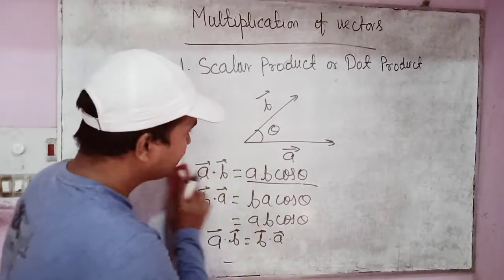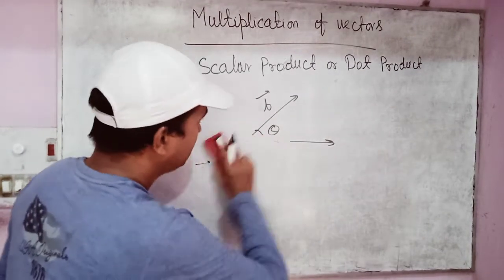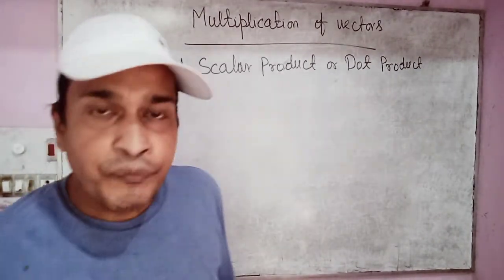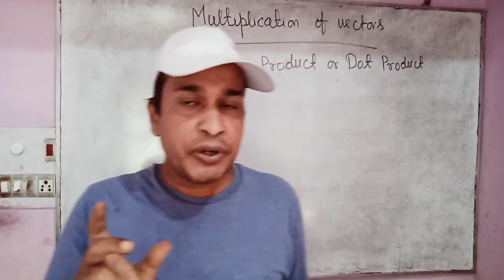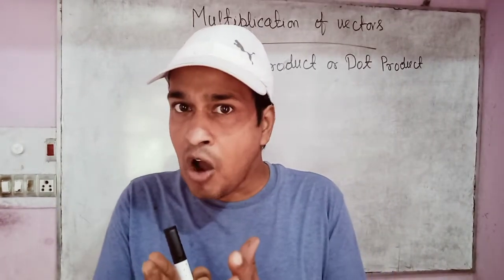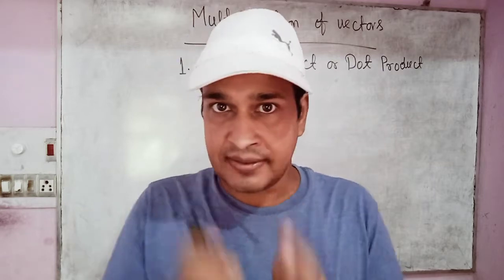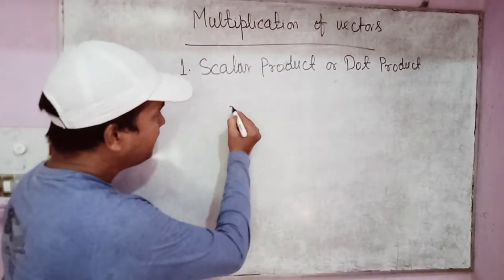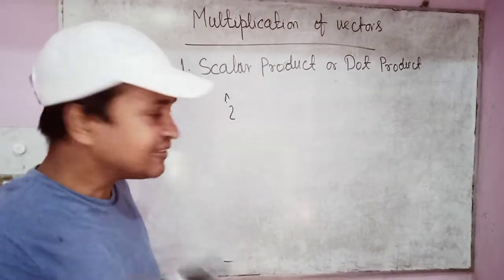Now let us proceed further. Now we will learn the dot product between the unit vectors along the Cartesian coordinate axes.